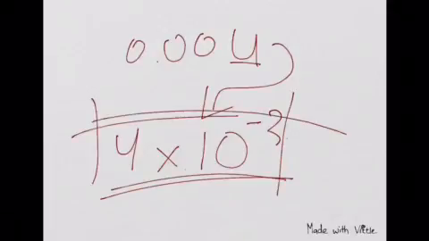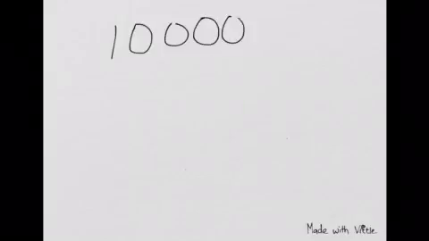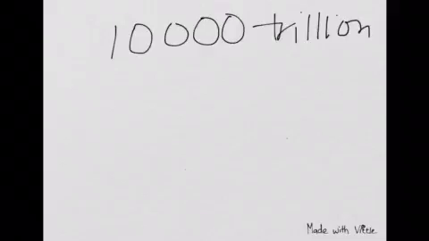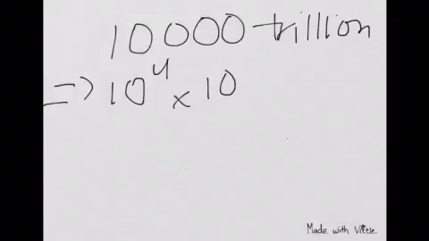Now, onto the calculation for the ants. So how do we solve for the ants? We have to take 10,000 trillion and turn it into scientific notation. It's like this: 10 to the power of 4 times 10 to the power of 12, which is a really big number.